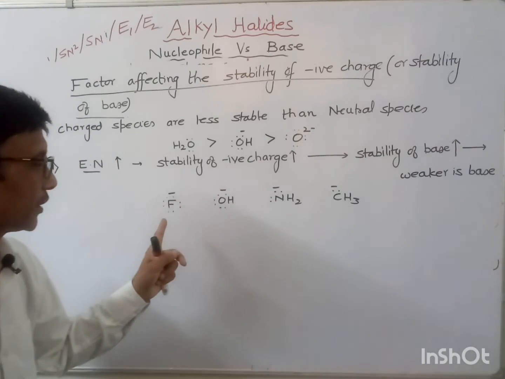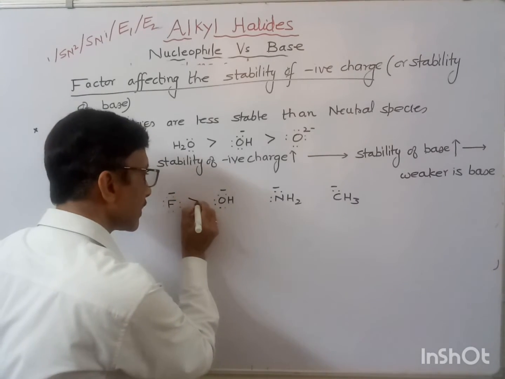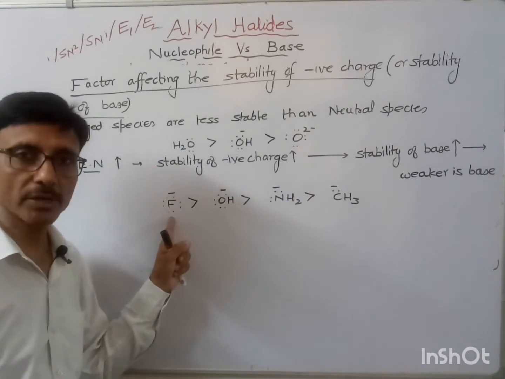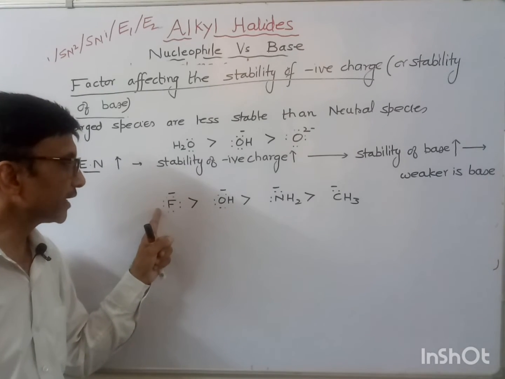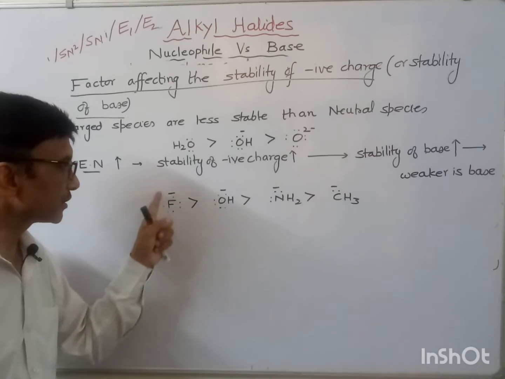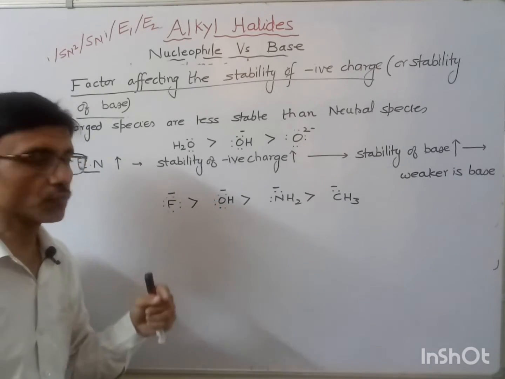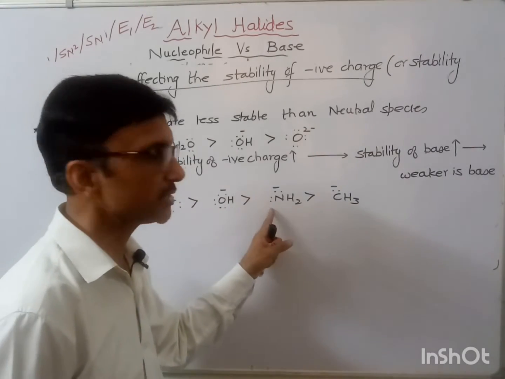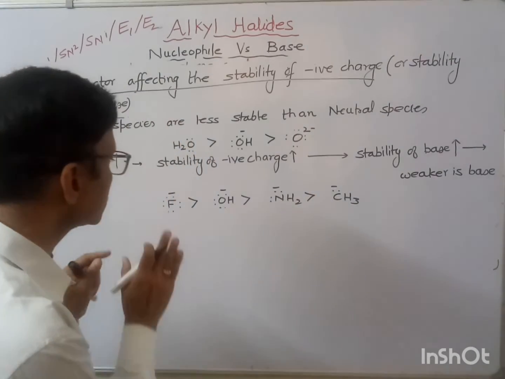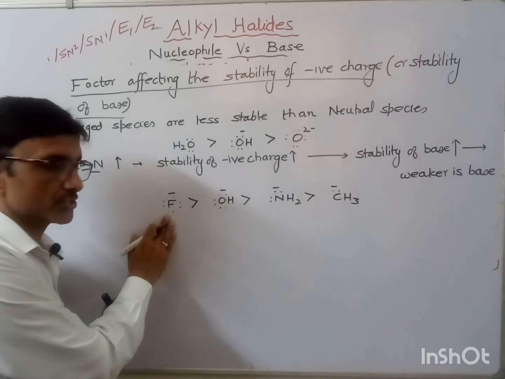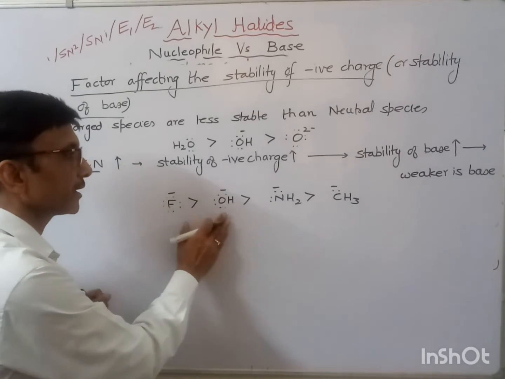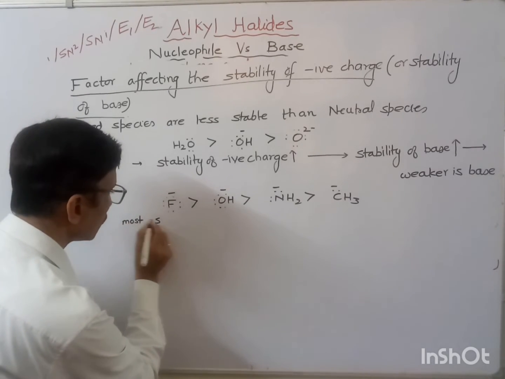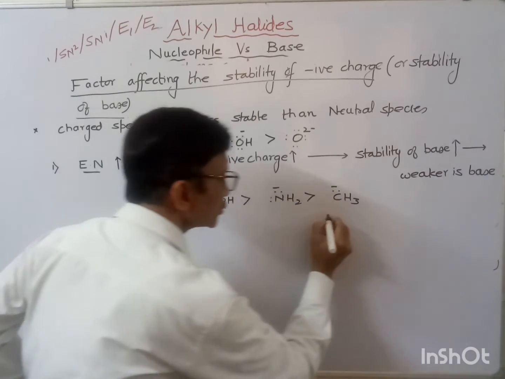The fluoride ion, because it has the highest electronegativity, so the negative charge is much more pulled towards the nucleus in comparison to the others. The negative charge is much more neutralized in fluoride ion, so this is the most stable, and CH3 minus is the least stable.